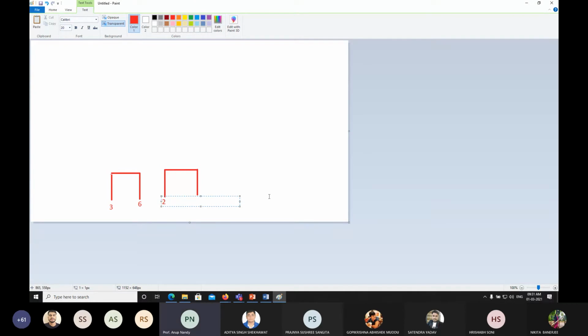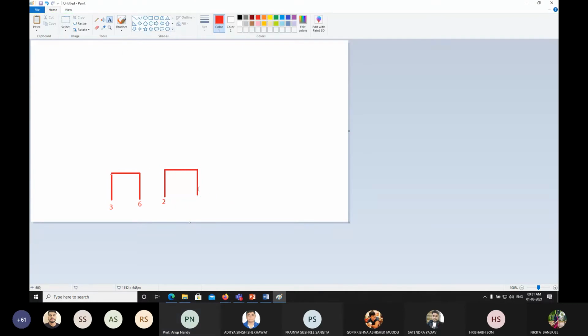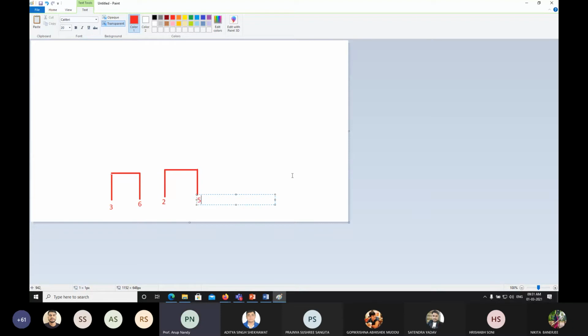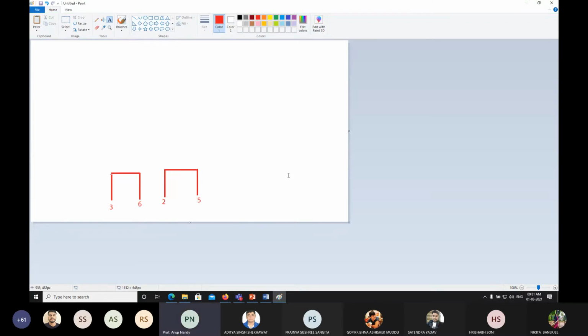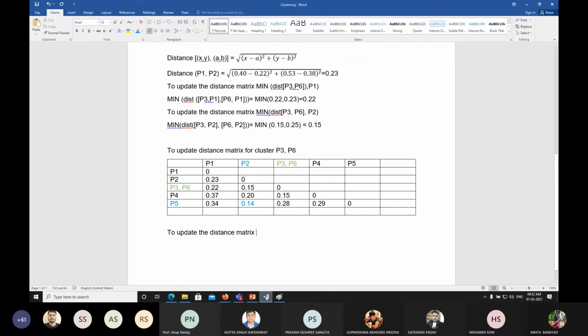This is 2. This is 5. Okay. Now you have again found this another cluster that is a 3, 6 and this is a 2 and 5, P2 and P5. So it can be one cluster. Okay.